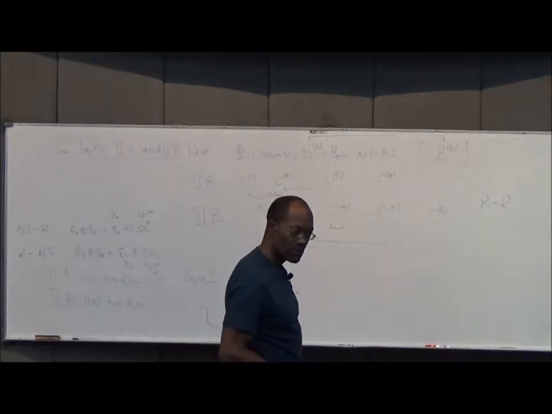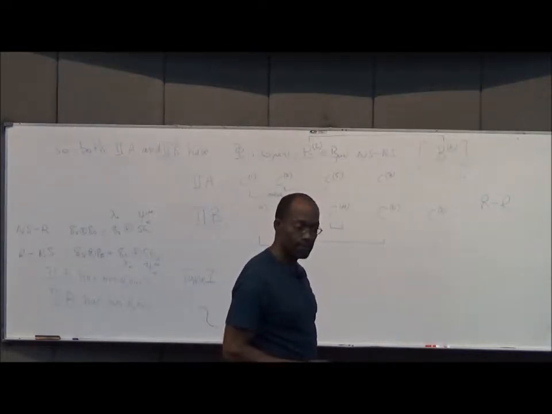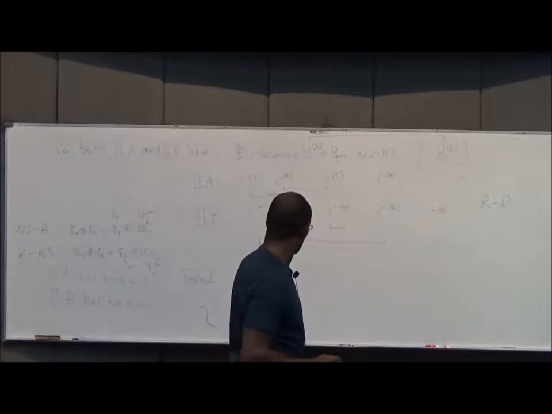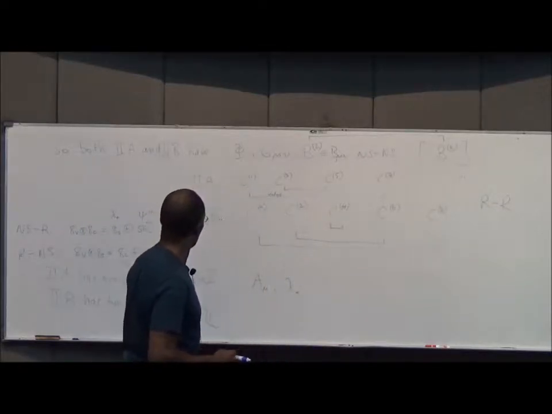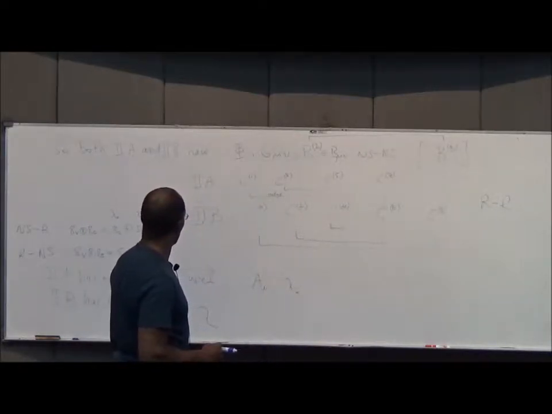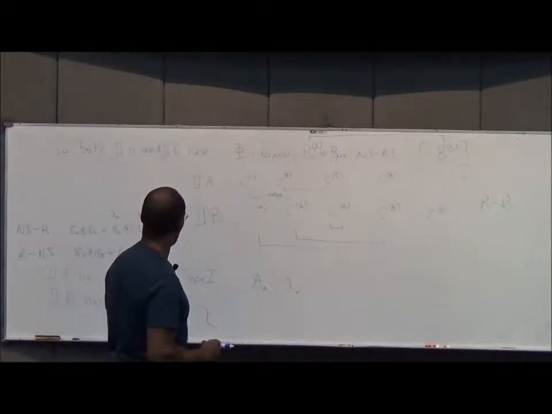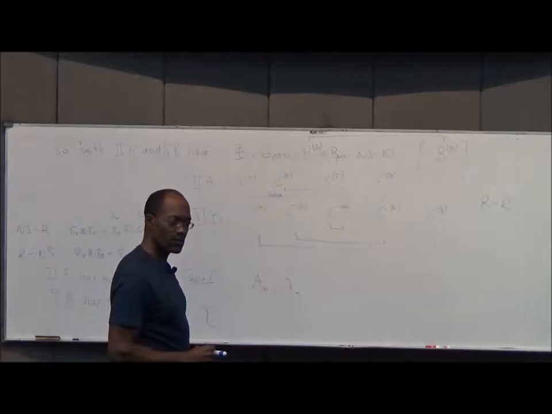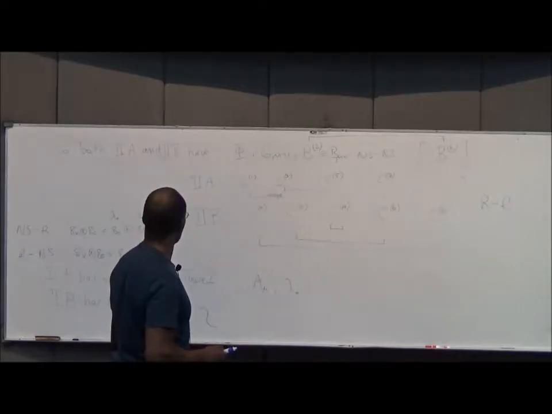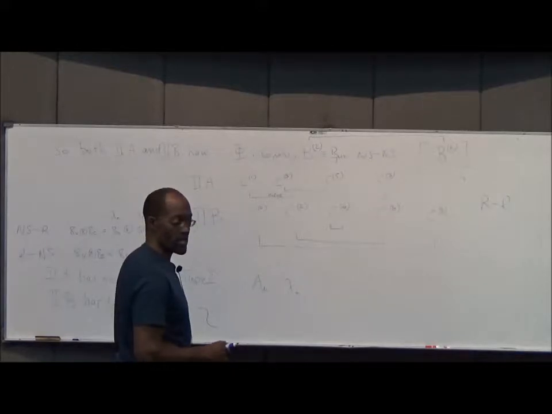Yes? This is 10-dimensional, right? Yeah. So why isn't the 0 form dual to a 10 form? Doesn't the Hodge dual do that? Because 10 minus 2 is 8, right?